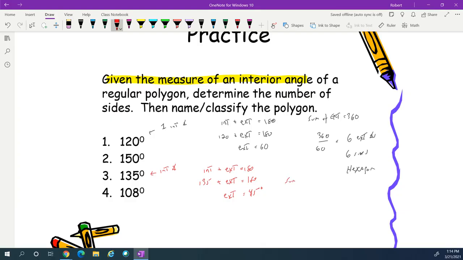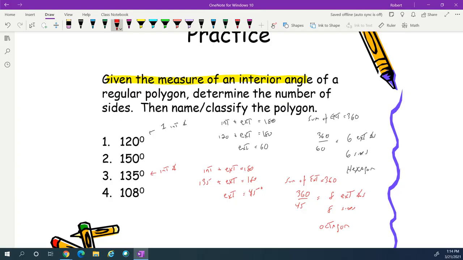The sum of the exterior is always 360. So if we divide by each angle, that's going to tell us that there are 8 exterior angles, which means there are 8 sides, which means we have an octagon.